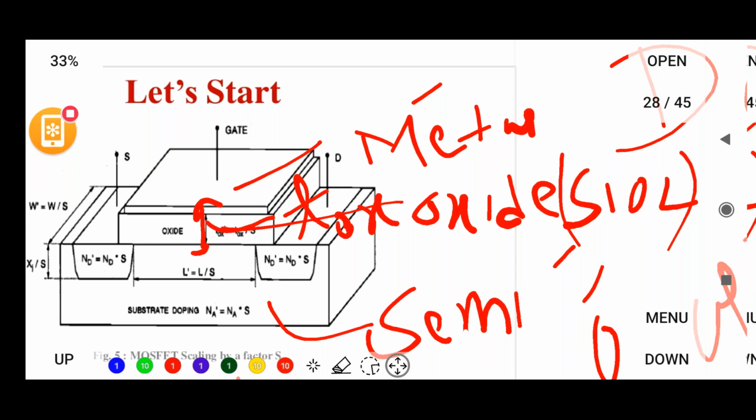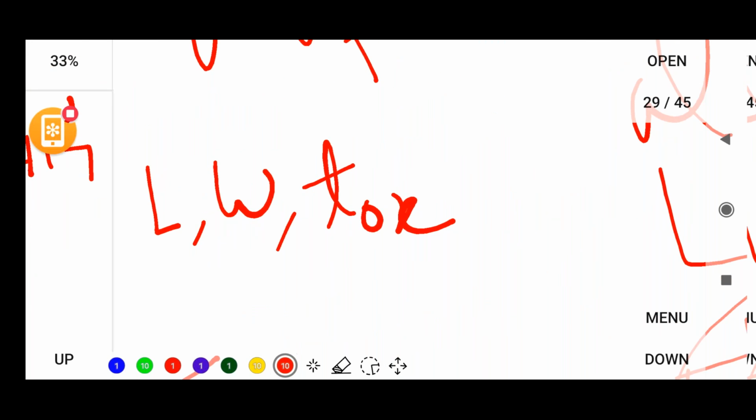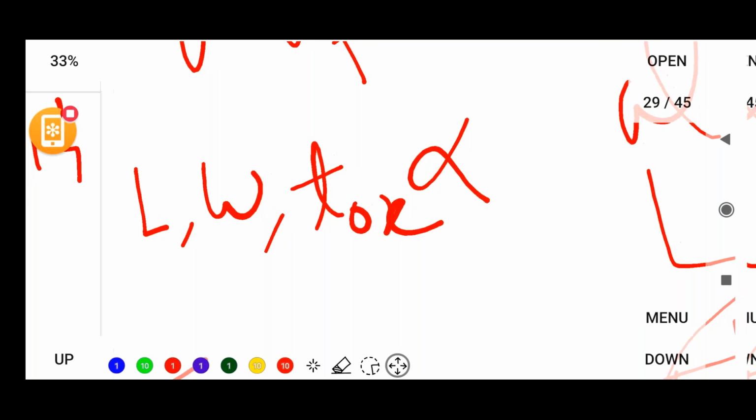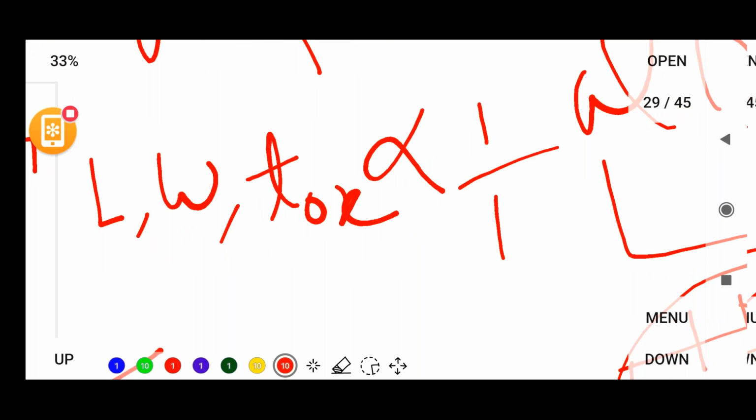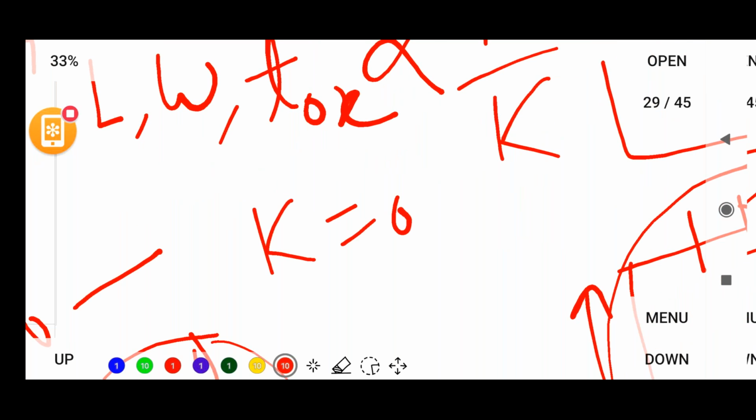Here L, W and TOX are directly proportional to 1 by K. What is K? K is your scaling factor. Suppose my K value is 0.2.